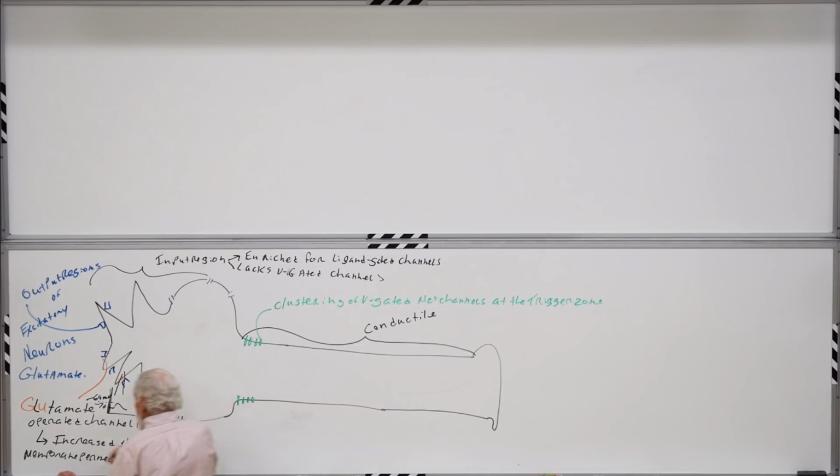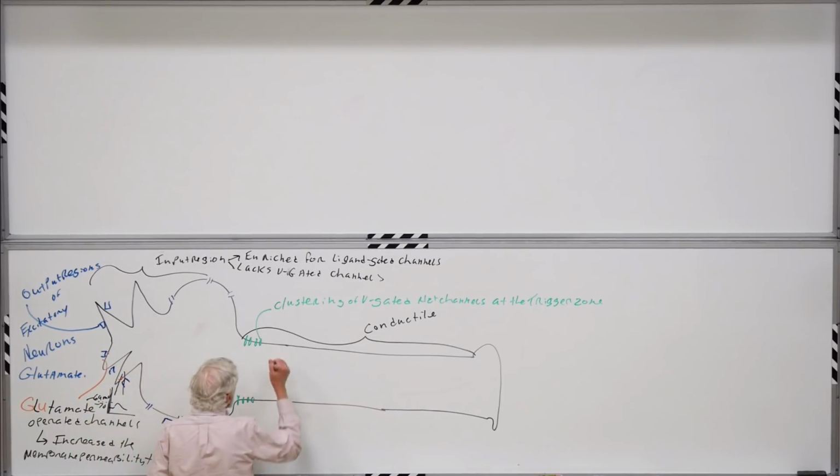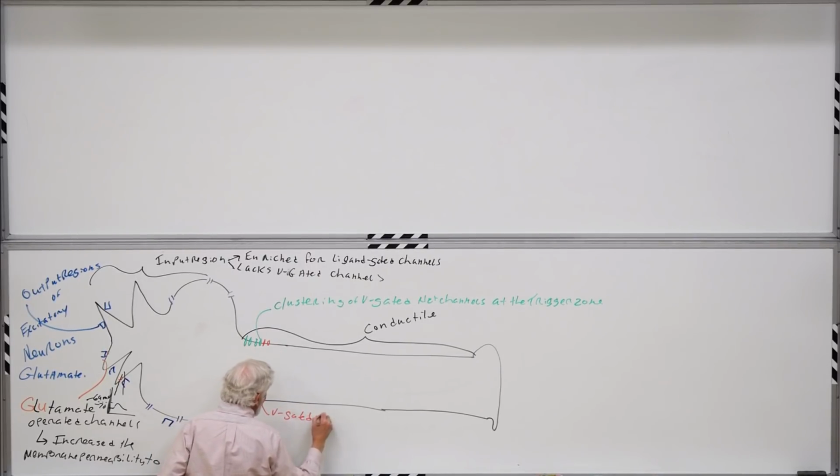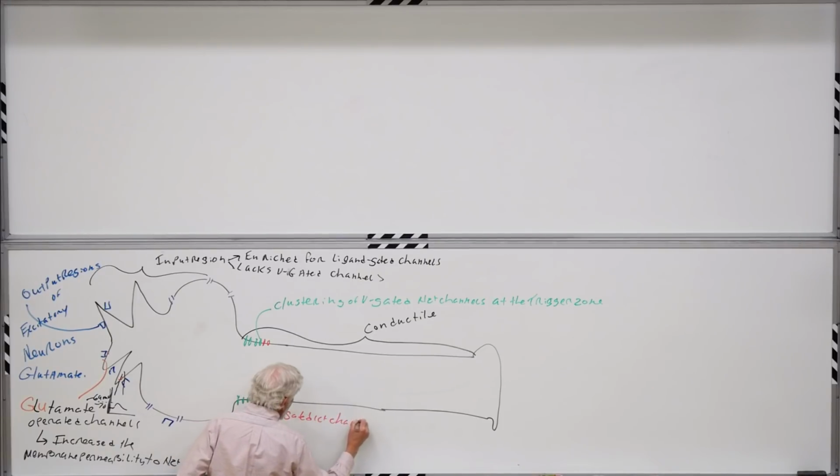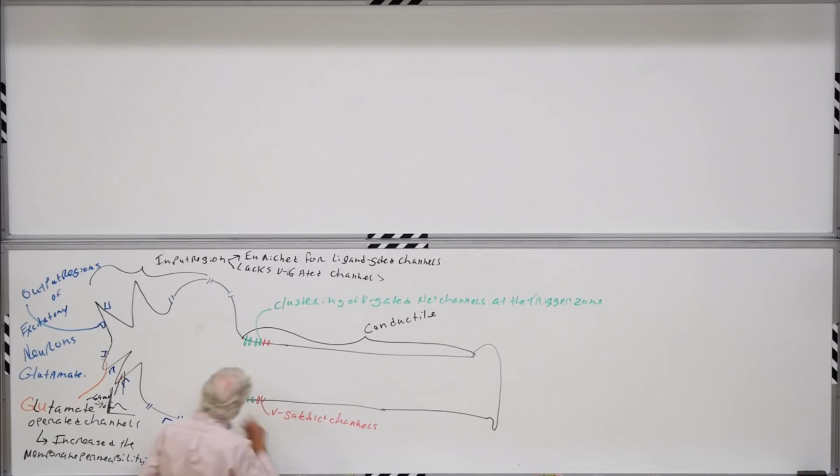And then, of course, those voltage-gated sodium channels were accompanied by their counterparts, the voltage-gated potassium channels. And those were the channels that were responsible for generating and propagating the action potential.